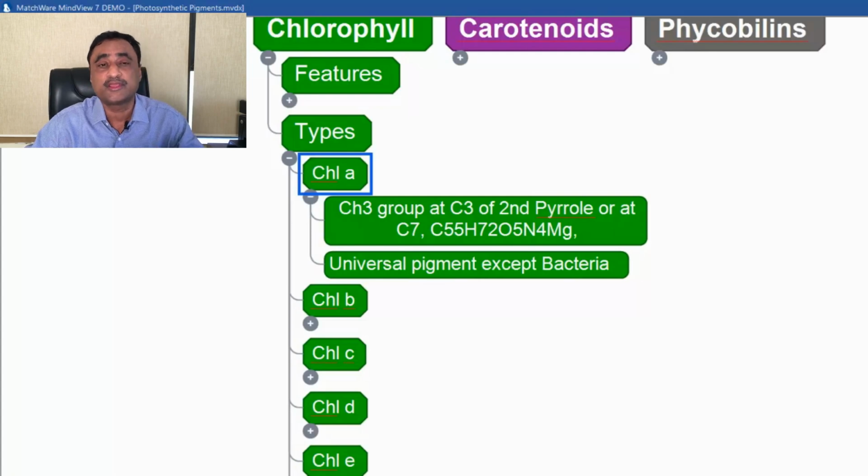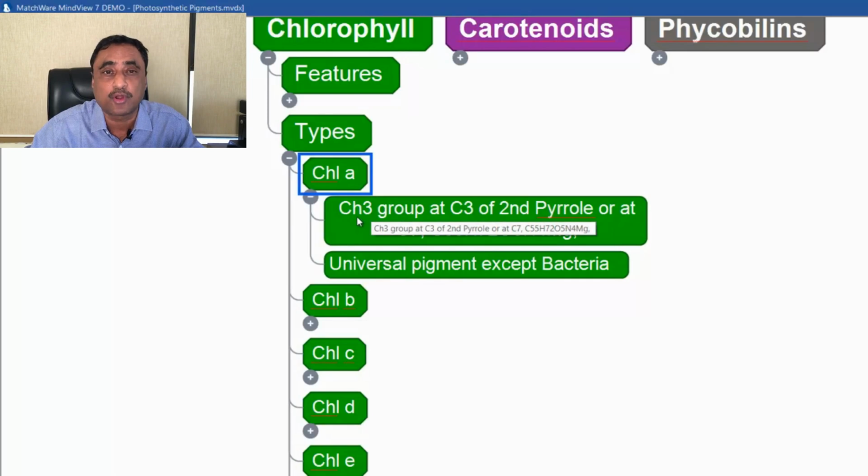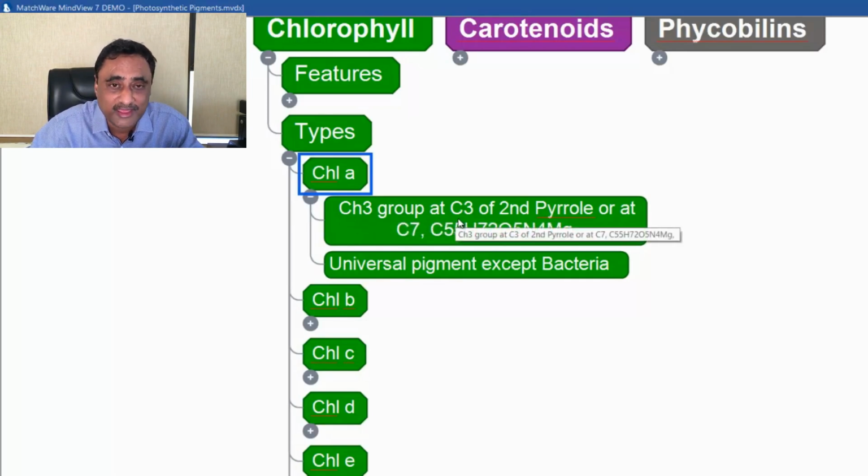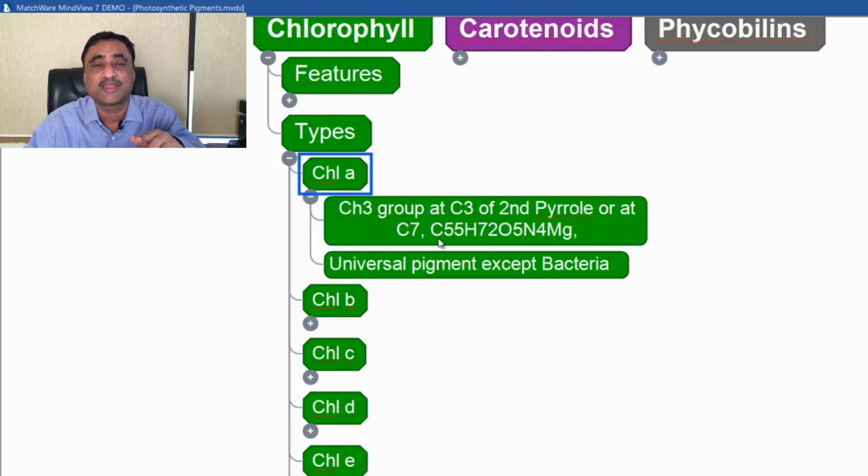But the most important are chlorophyll A and chlorophyll B, and chlorophyll A is called the universal pigment. In chlorophyll A the methyl group is present at carbon number 3 of the second pyrrole ring, or in totality, at carbon number 7.